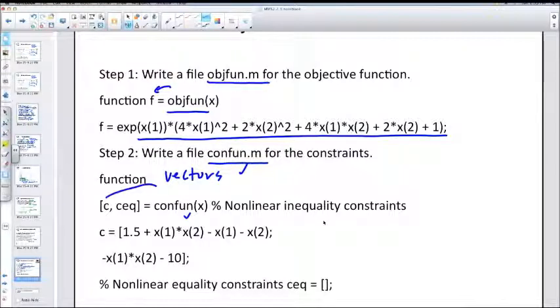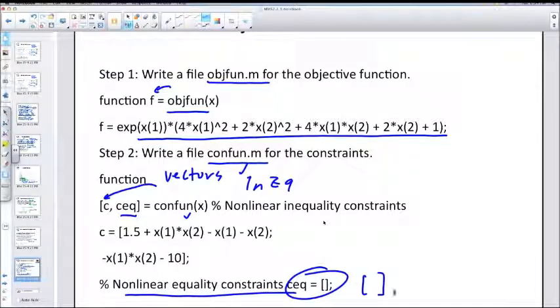The vector C is the constraint inequations. And the next one, Ceq, is the constraint equations. In that case, you don't have anything. You just put a bracket, meaning you don't have any, because our example has no equation.